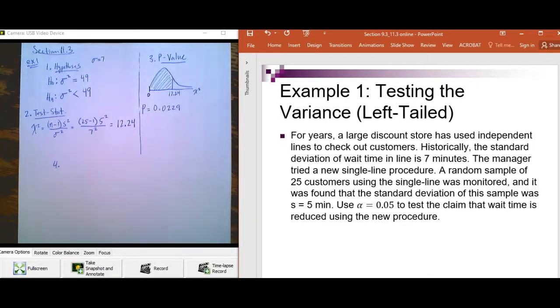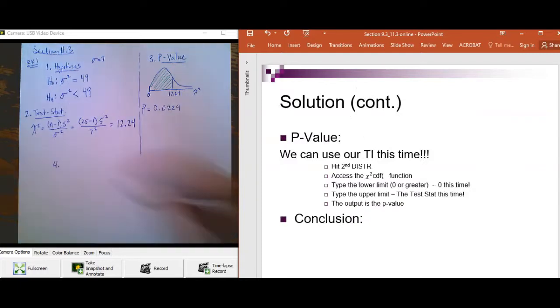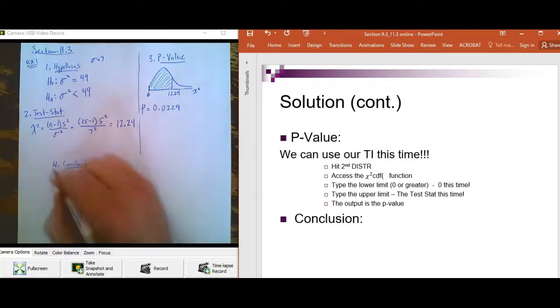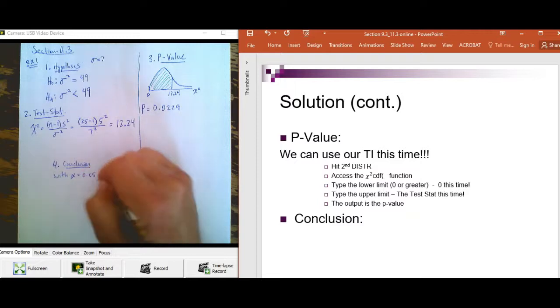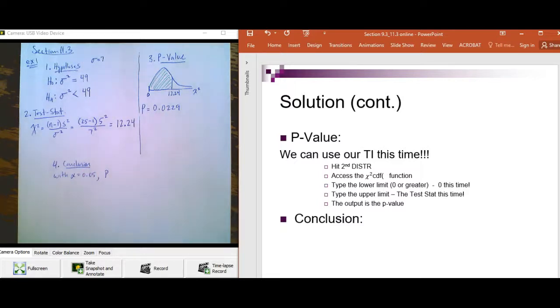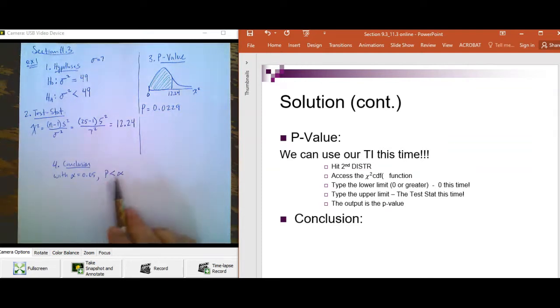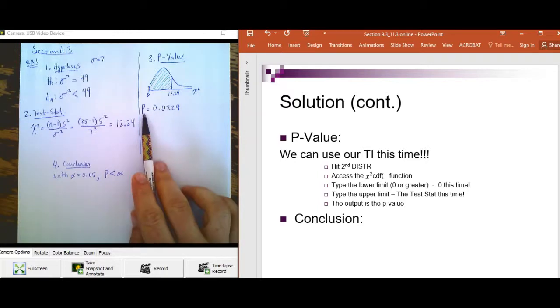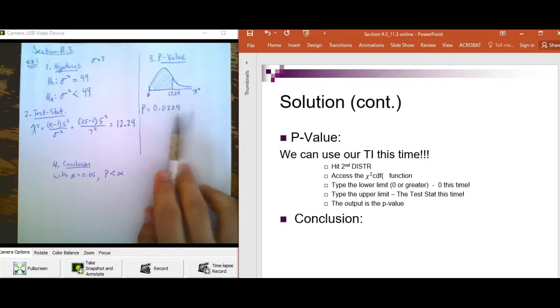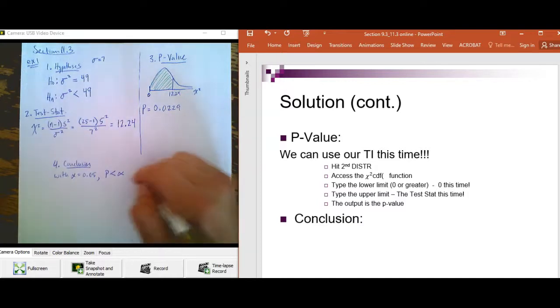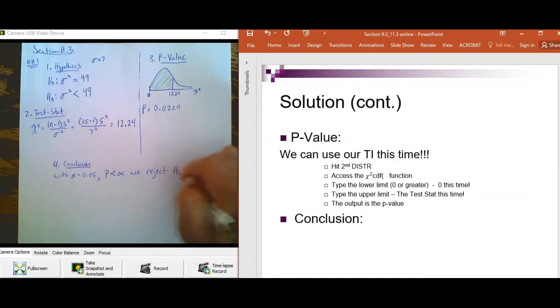We are testing at the 0.05 level. So our conclusion: with alpha equal to 0.05, p is less than alpha. When the p-value is small, there's not a good chance to produce samples like we did under the null hypothesis. It gives us evidence in support of our claim. So we reject the null hypothesis.